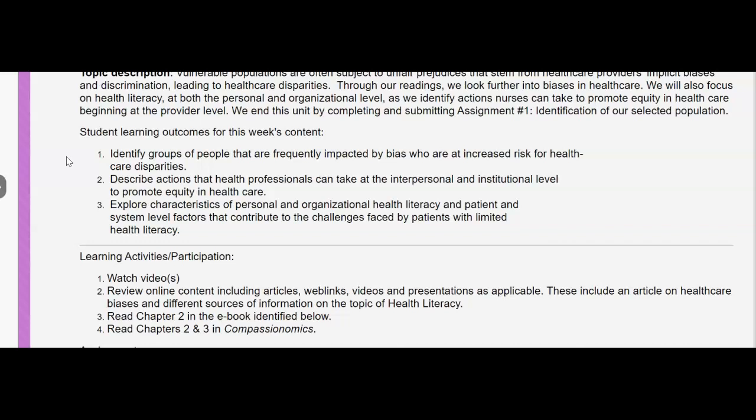And what are the actions that we can take at the interpersonal and institutional level to promote equity in healthcare? And then looking at the characteristics of both personal and organizational health literacy and patient and system level factors that contribute to the challenges that our patients with limited health literacy face.